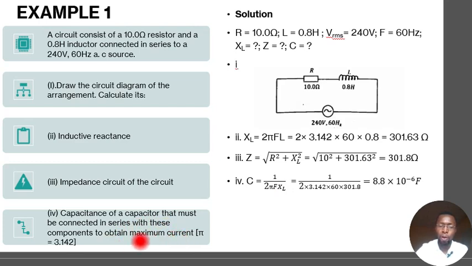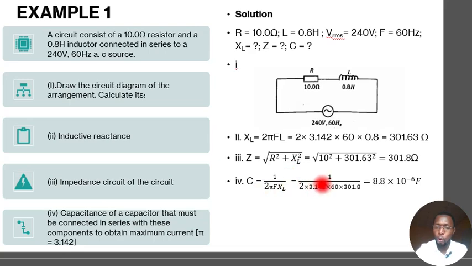This maximum current is obtained when capacitive reactance is equal to inductive reactance. Capacitive reactance is not given, but since the current is maximum, capacitive reactance is the same thing as inductive reactance, XL. So we are going to have our XL in the formula. So capacitance is equal to 1 over 2 pi f XL.